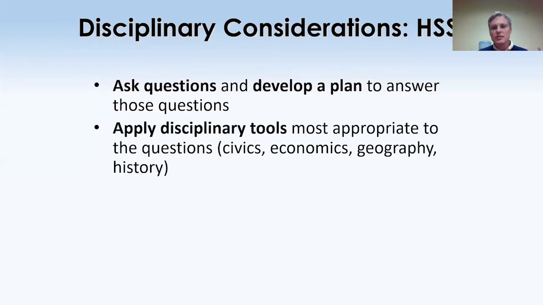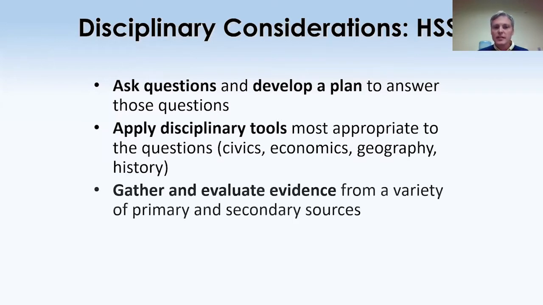So we work with students to determine what are the best lenses or the tools to use as they plan their inquiry. And once they've done that, students will gather and evaluate evidence. There's a whole bunch of material out there on any sort of historical topic.